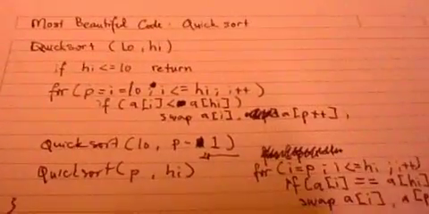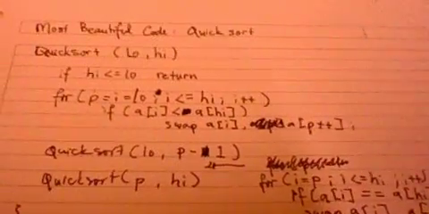So that's the simplest Quicksort. I'll show you the code next time.